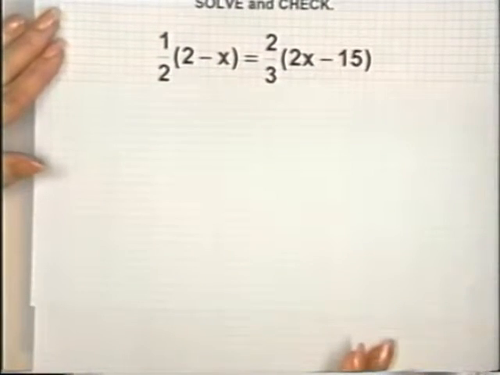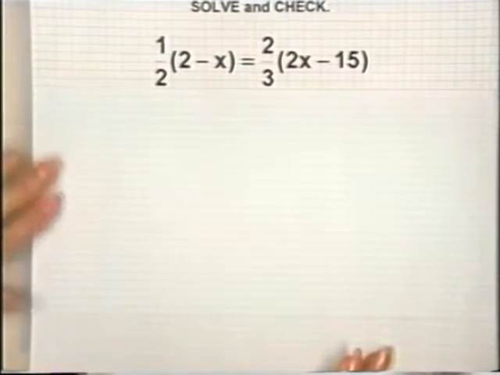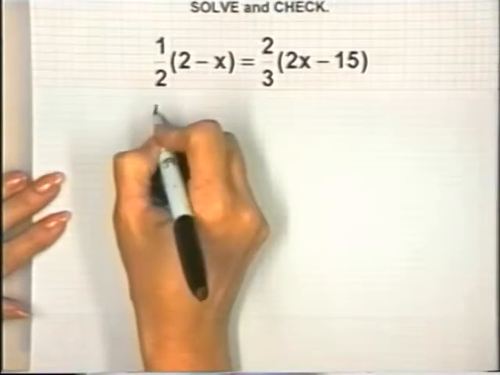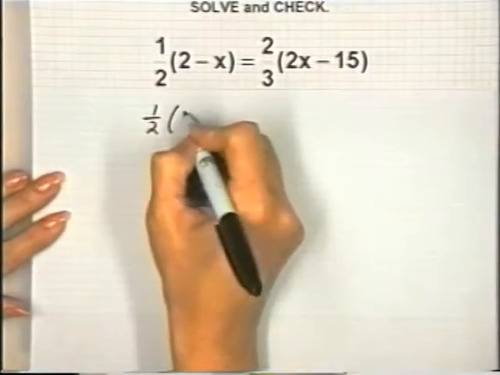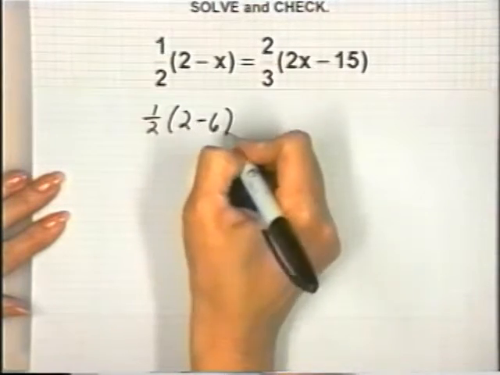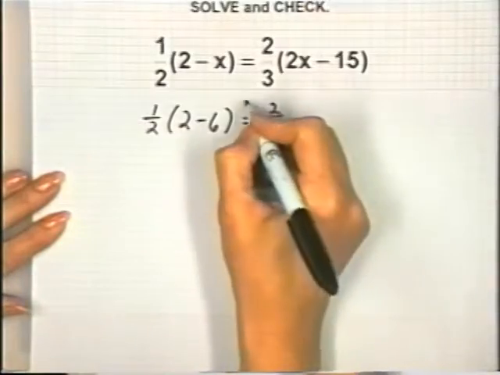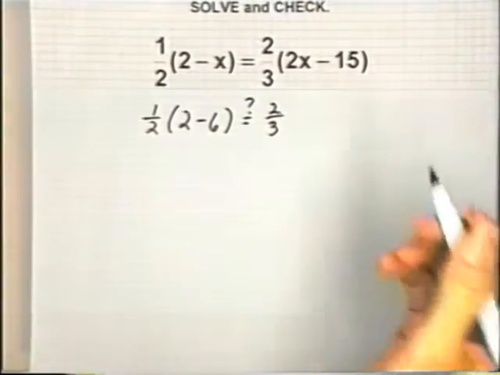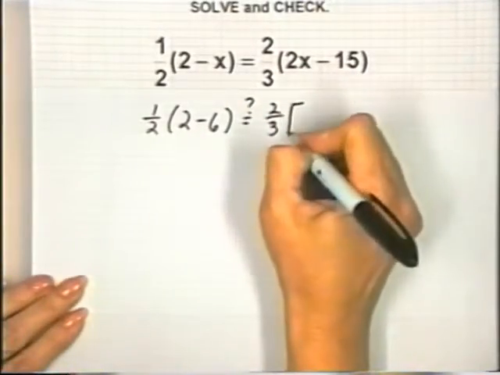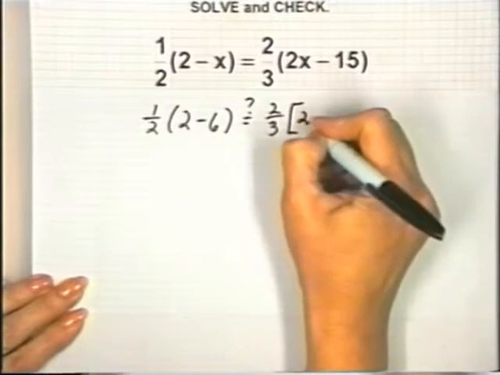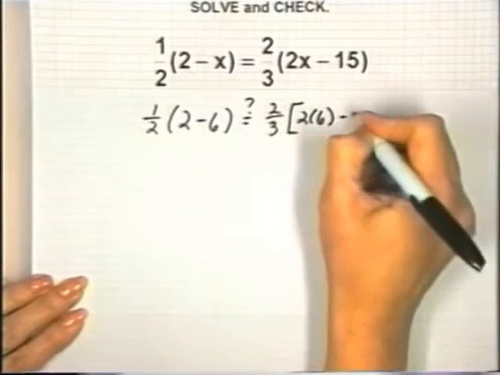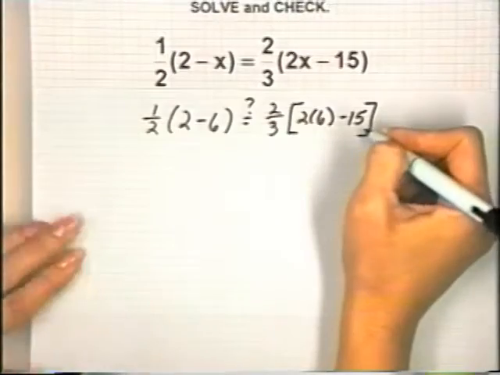I will replace each x with the 6. I will have 1/2 times 2 subtract 6 equals 2/3. This is a question. Does it equal 2/3 times 2 times 6 subtract 15?